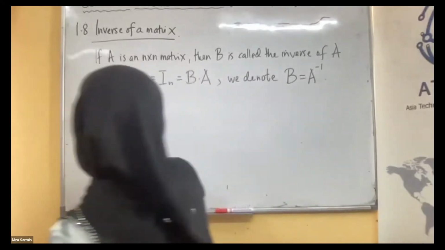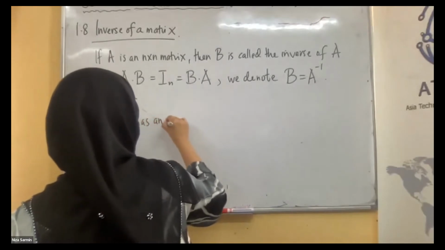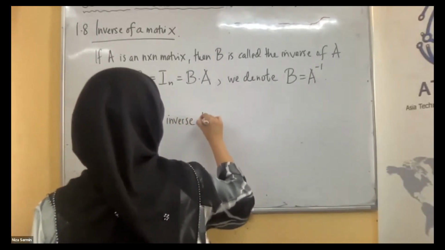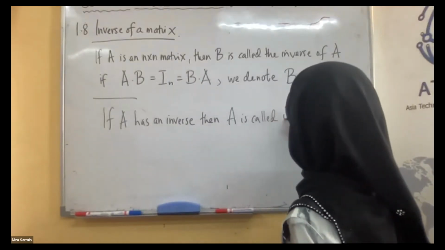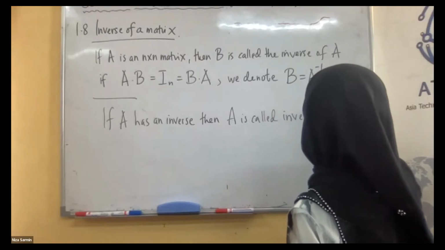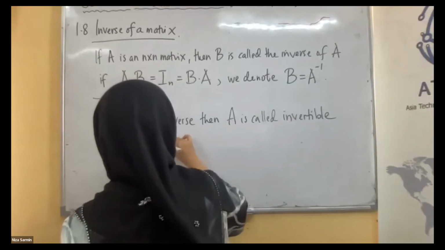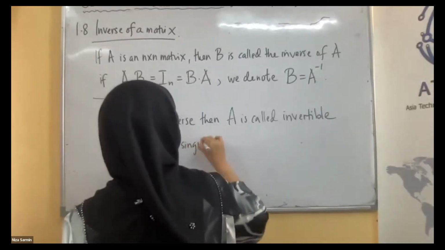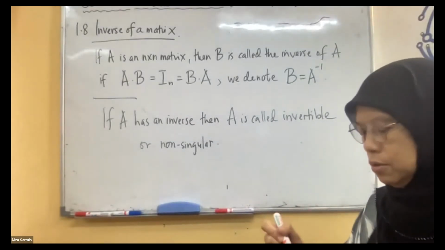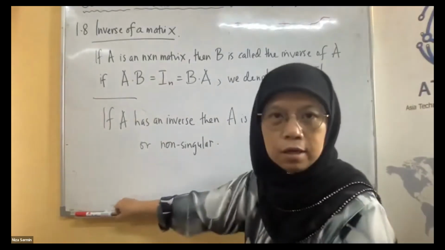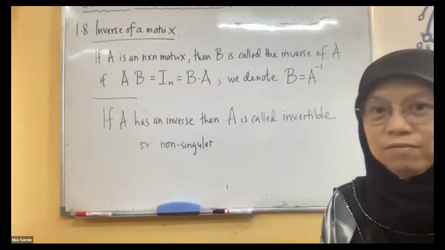If A has an inverse, then A is called invertible or non-singular. So if you are given, like, show A is invertible, meaning it has an inverse.